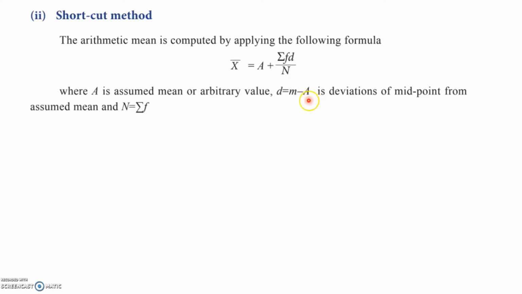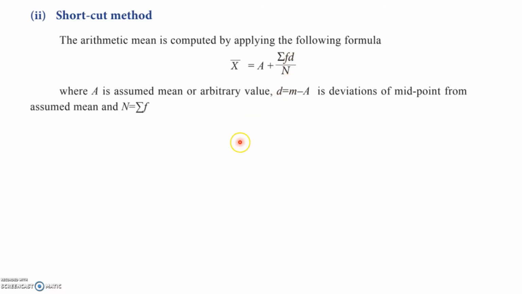I'm going to refer to this as a. So midpoint minus a will be the deviations that you get. Then you're going to add up all these deviations multiplied by their frequency.